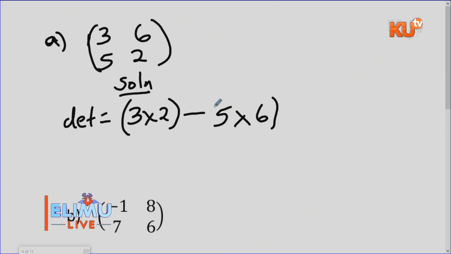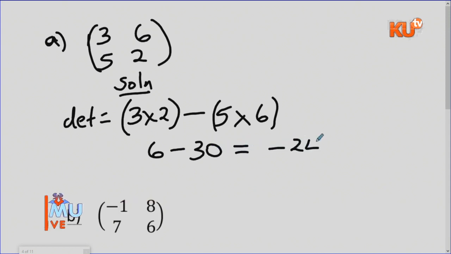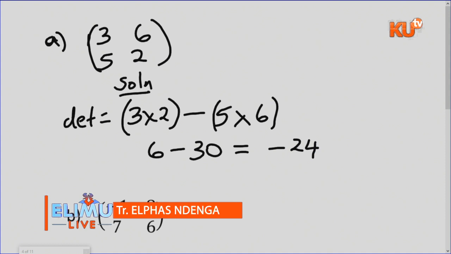When you multiply 2 by 3, you get 6, minus 5 times 6, which gives us 30. And so the difference here gives us negative 24. And that is the determinant of our matrix. So we've seen that we simply get the product of elements in the leading diagonal, then subtract the product of elements in the other diagonal.